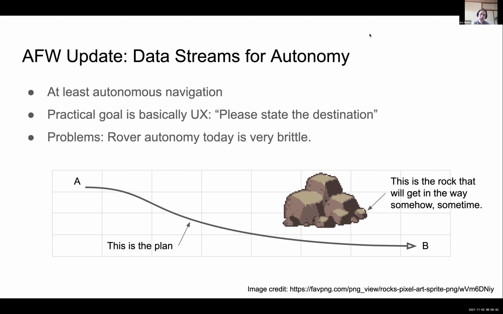A very simple scenario will focus on navigation because it's something essential to rovers. It's also because we can see plenty to do there in terms of autonomy. A very simple scenario is the image you have here: we have a rover that is in A, and the goal is to go to B.